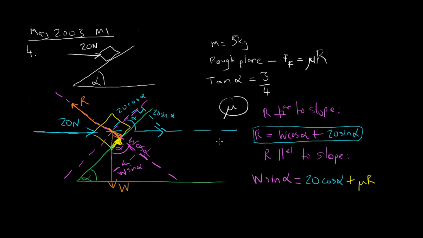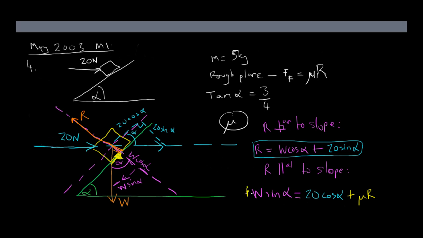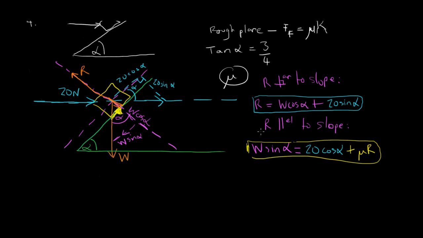So these are our two equations we have right now. And here R we had it in orange, so let me put this in orange so that it's clear it's the same R. Yeah, that's the same R as this one here.